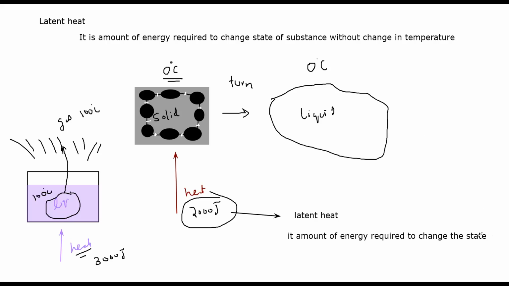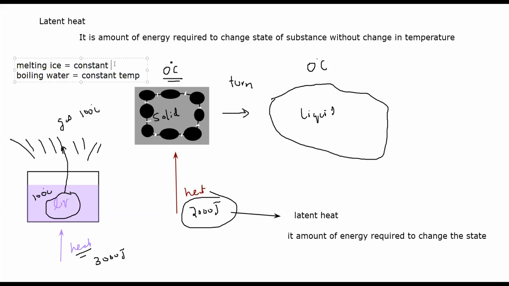So example, if you have a melting ice, what will be the temperature of the melting ice? It will be constant. It will not change because it is changing the state. If you have a boiling water, what will happen to the temperature? It will also have a constant temperature.